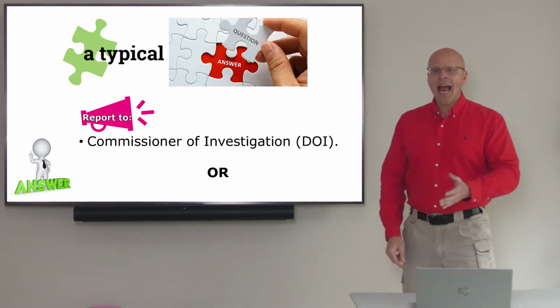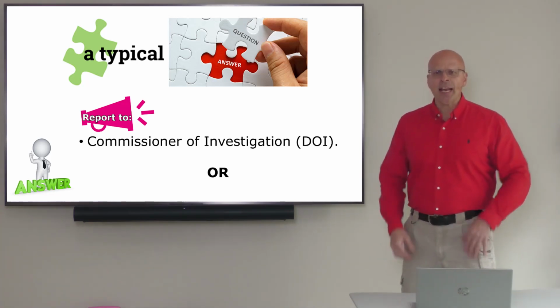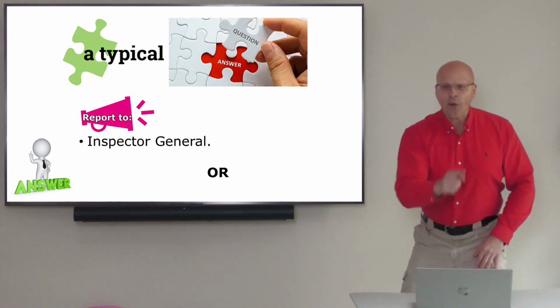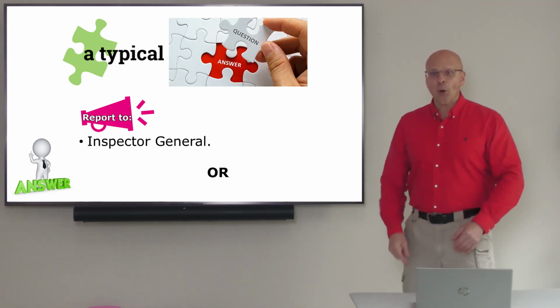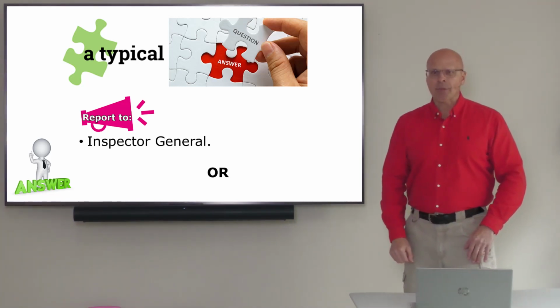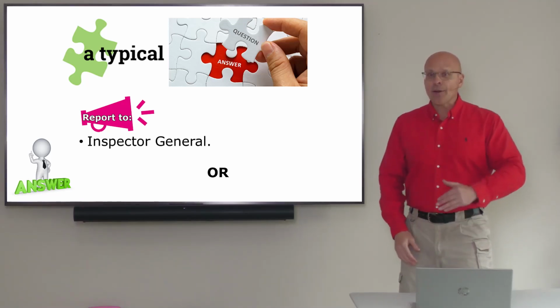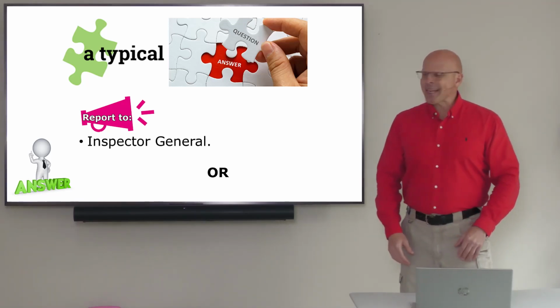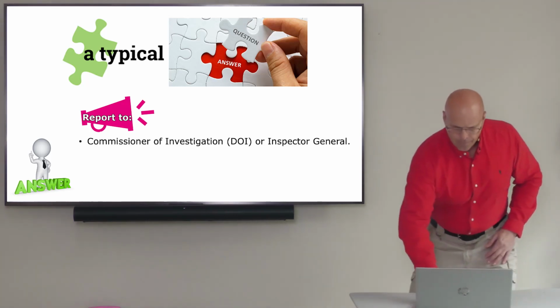But what happens if you're going through the choices and the Commissioner of Investigation, DOI, is not a choice? Then you look for the Inspector General. And if the Inspector General is a choice, that is going to be your answer on exam day. But what happens if you're going through your choices and the Commissioner of Investigation, DOI, is not a choice, and the Inspector General is not a choice?